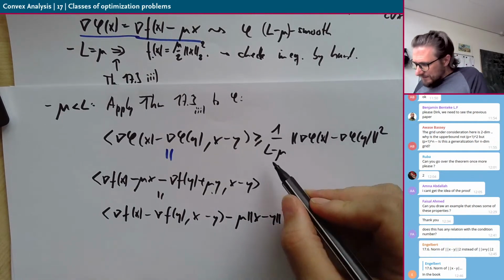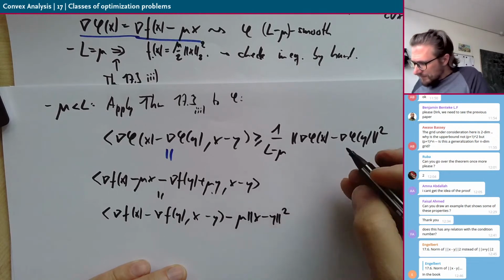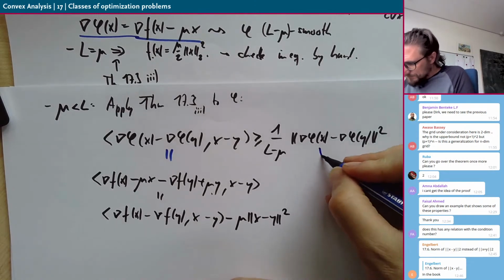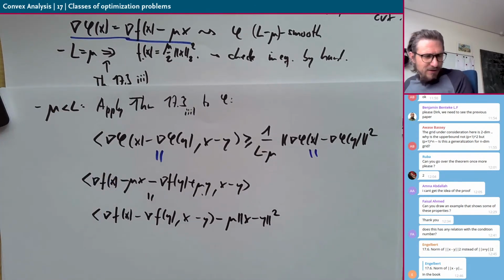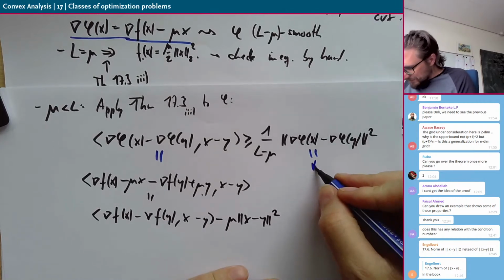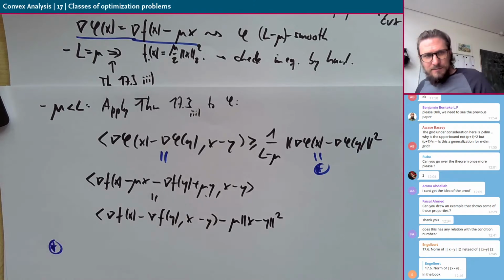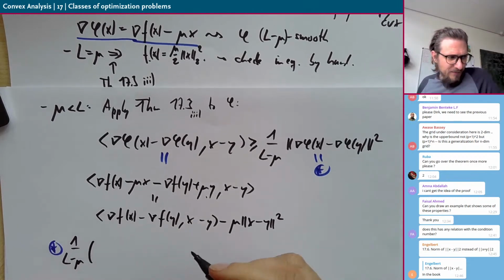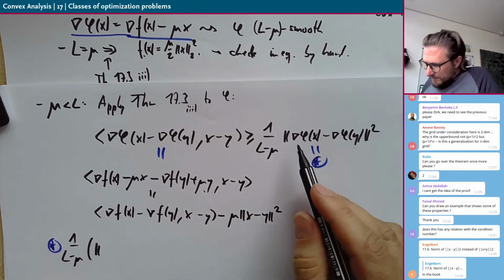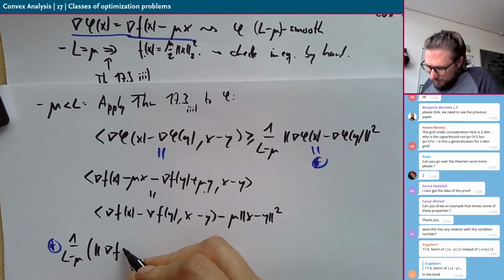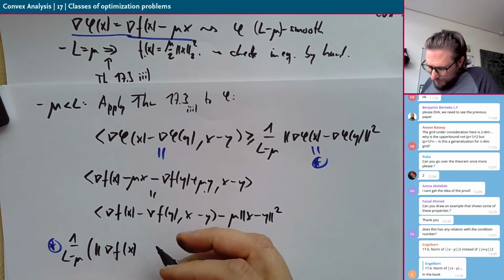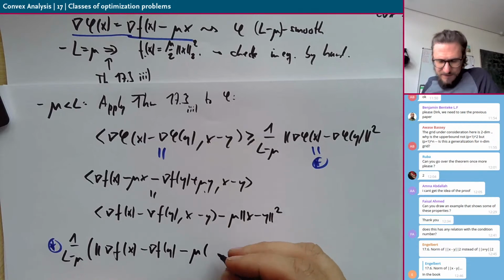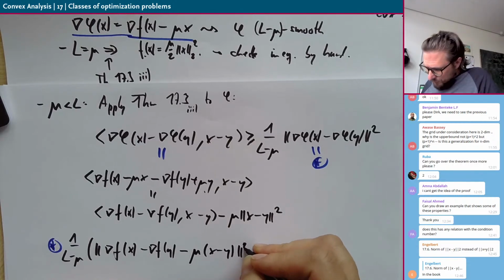And for the right hand side, we do the same thing. We also use the blue inequality here, and then I don't have enough space over here, so I just write it down there. It's 1 over L minus mu times the norm of, and then I just clean up a little bit, the norm of gradient f of x minus gradient f of y minus mu times x minus y, squared.